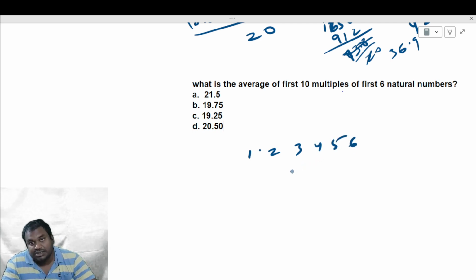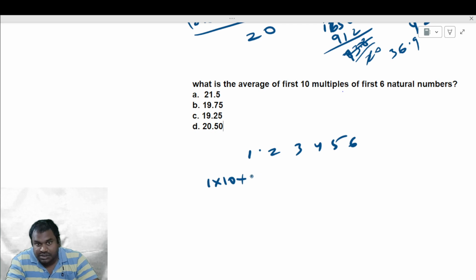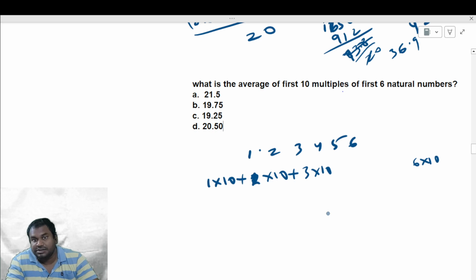But he is not asking the average of first 6 natural numbers. He is asking first 10 multiples of first 6 natural numbers. It means 1 into 10 plus 2 into 10 plus 3 into 10, like that. You have to write up to 6 into 10.